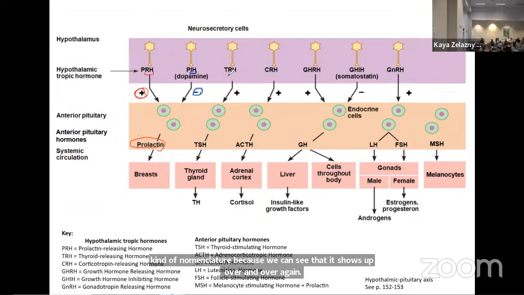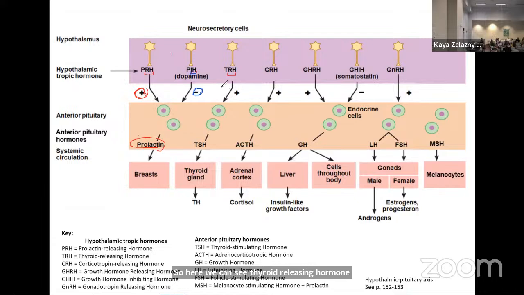Here we can see thyroid releasing hormone is our hypothalamic tropic hormone, eventually affecting our thyroid gland. We can see our corticotropin releasing hormone coming from the hypothalamus. Eventually, at the end of this domino cascade, it'll be releasing cortisol, but the corticotropin releasing hormone is the part coming from the hypothalamus.